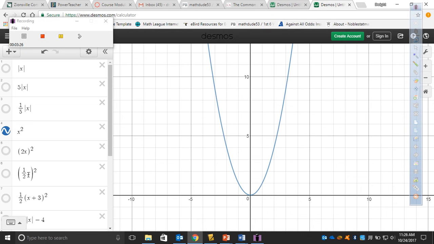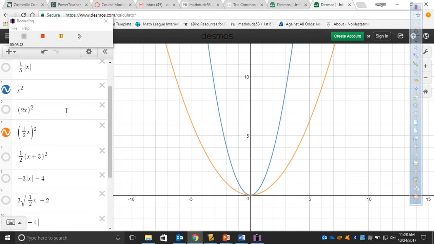For 1/2 x, the 1/2 is less than 1, so that's going to be a horizontal stretch. Think of taking this blue parabola and pulling it wider out to the new orange one. That's where it would stretch. That'd be a horizontal stretch. So we have vertical stretches and shrinks, and we have horizontal stretches and shrinks as well.